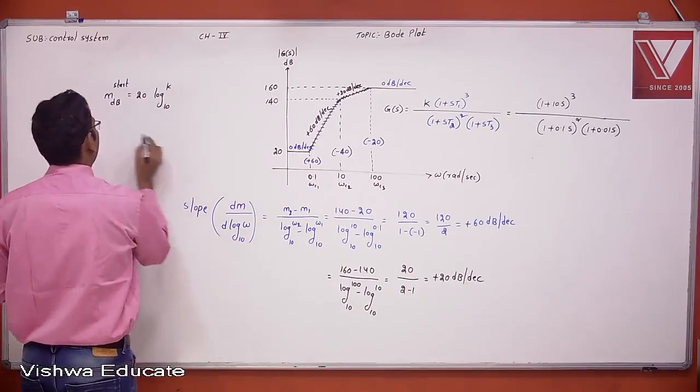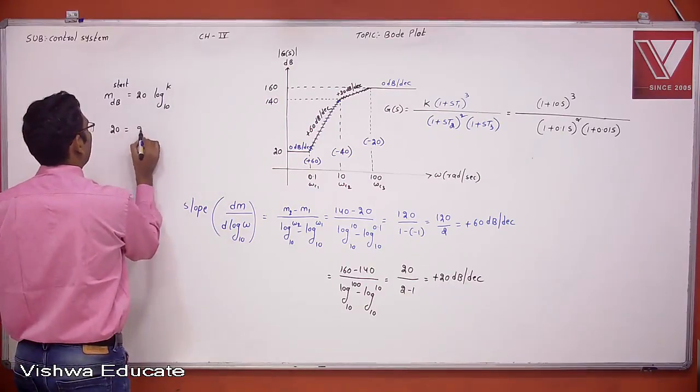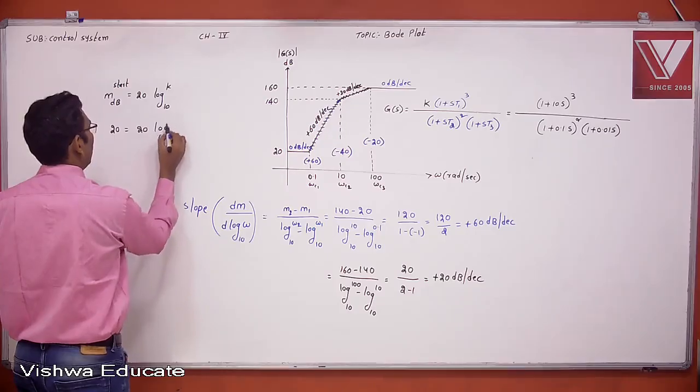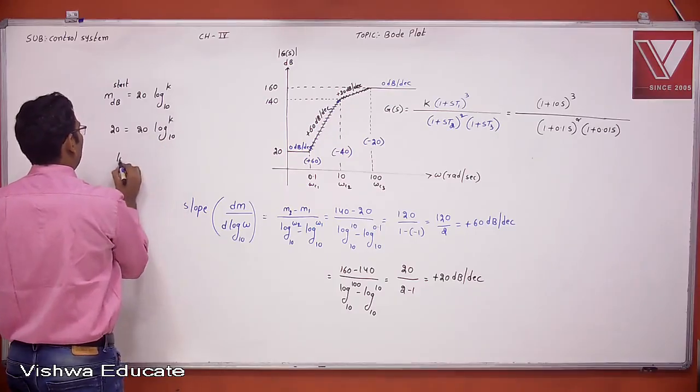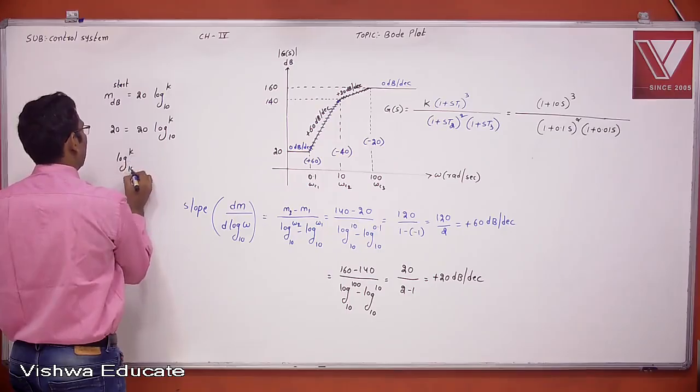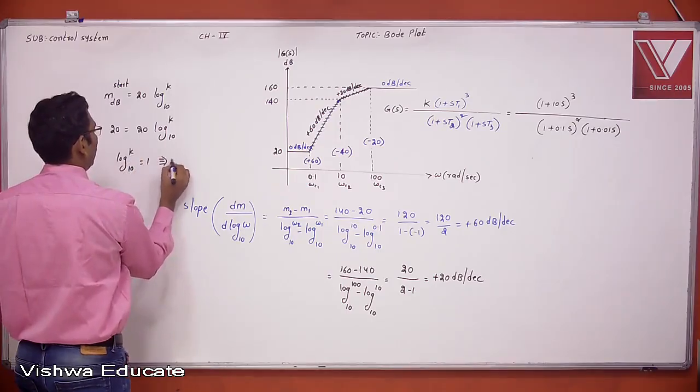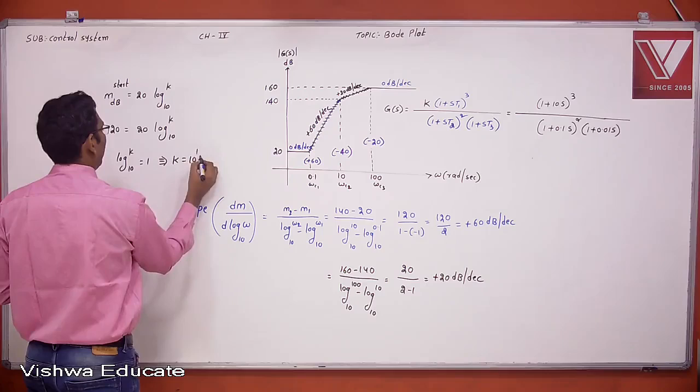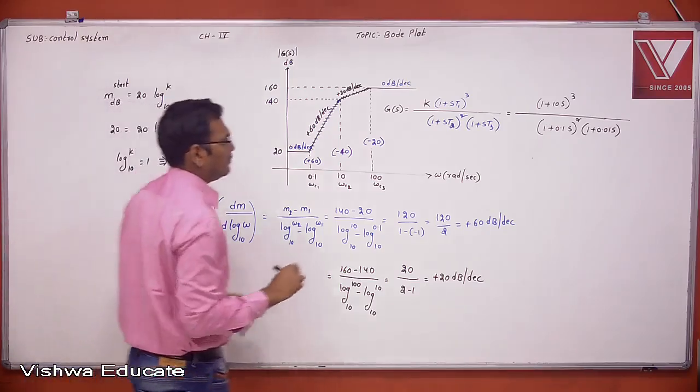This starting magnitude of 20 dB equals 20 log K base 10, so log K base 10 equals 1. Therefore, K equals 10 power 1, which is equal to 10.